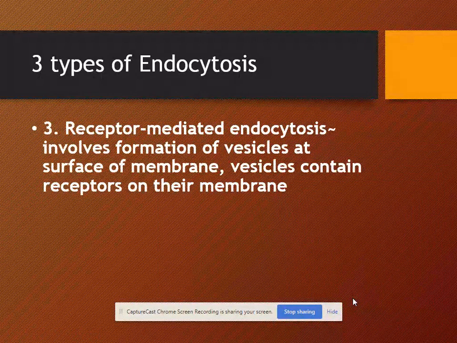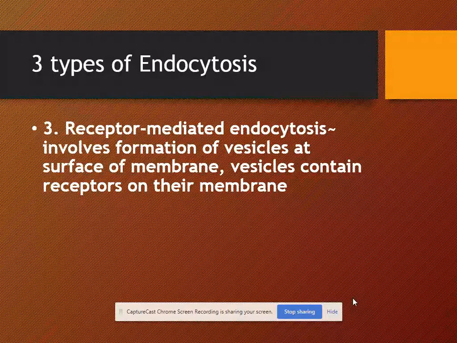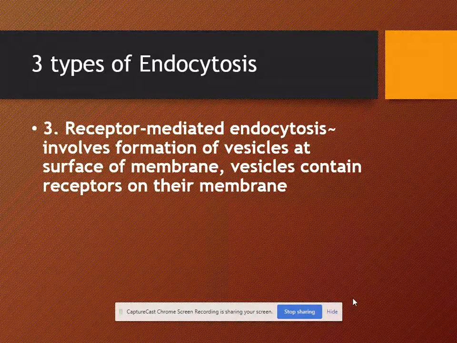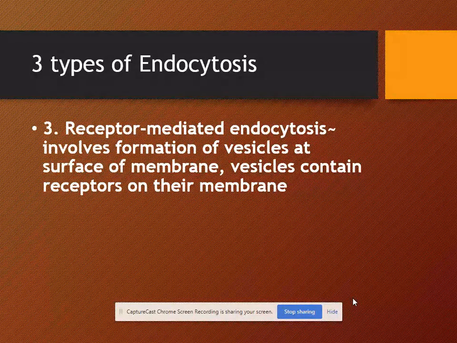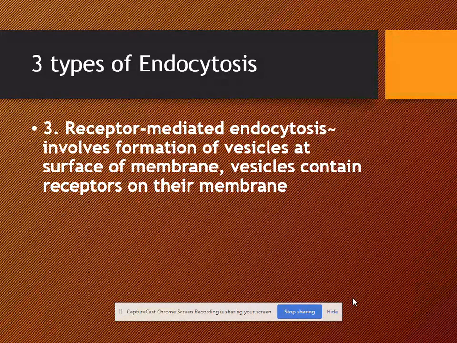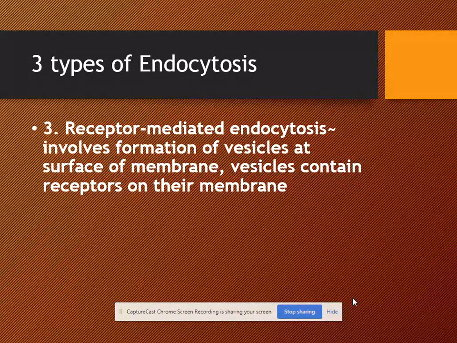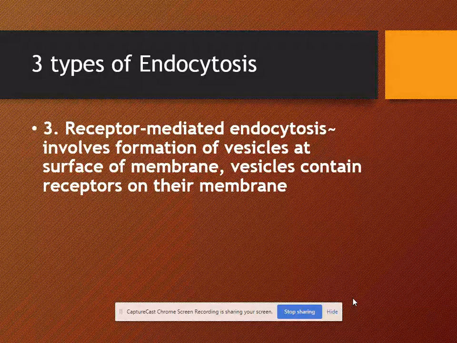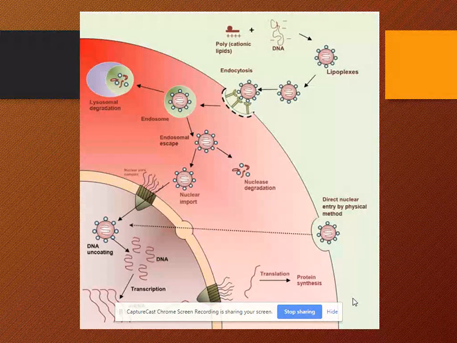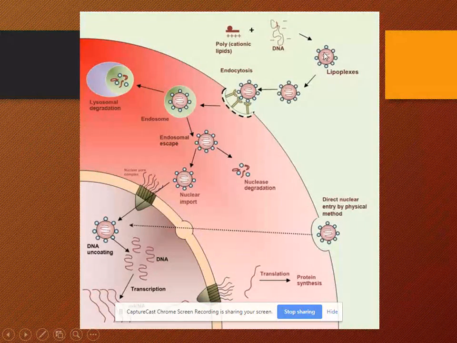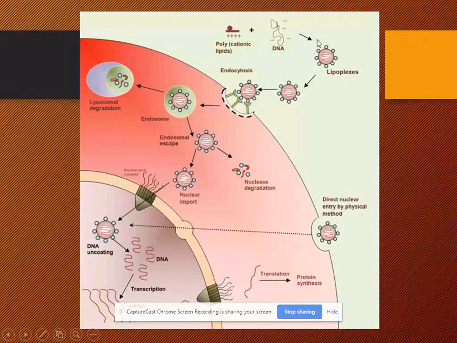The last one is receptor-mediated endocytosis, and this is forming vesicles on the membrane, and those vesicles have certain receptors on that membrane. So here is an example of receptor-mediated endocytosis.